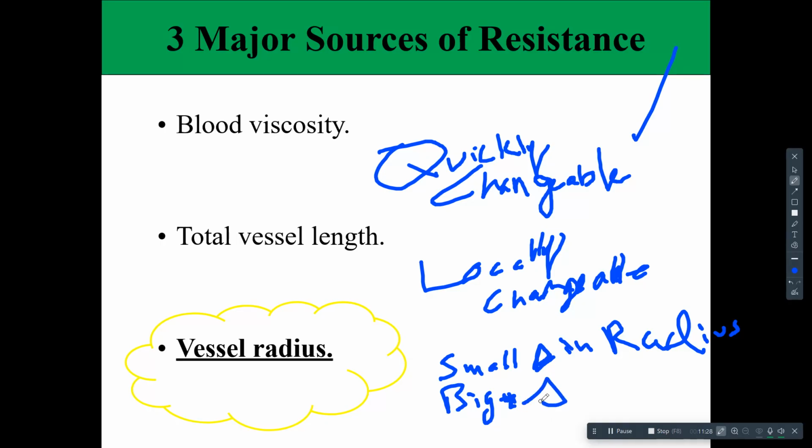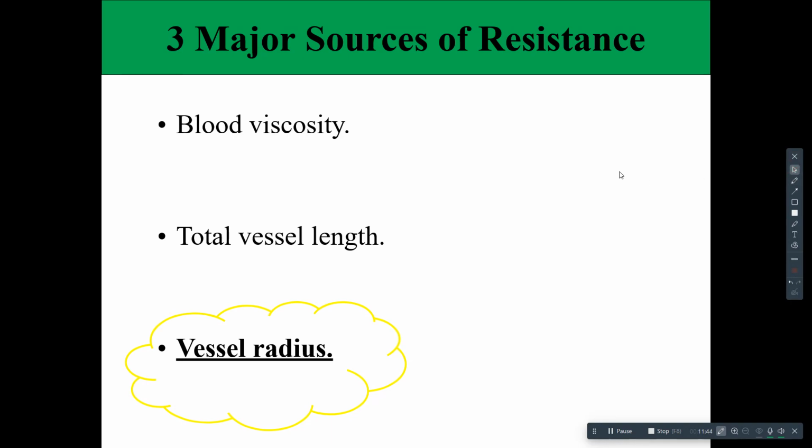A big change, there it is, in resistance. I'm just going to write re for resistance there. So 3 reasons why radius is the most important source of resistance, right there. But let's talk about everything.